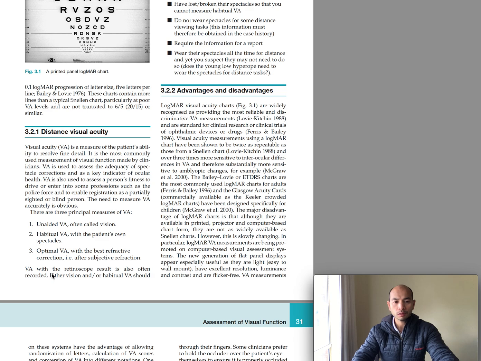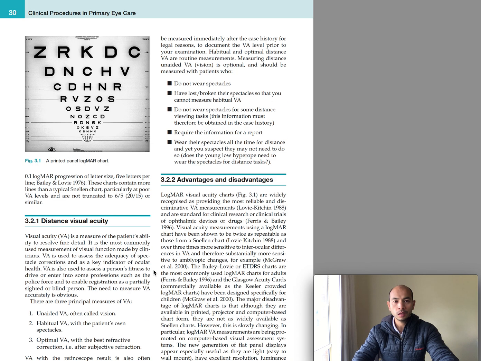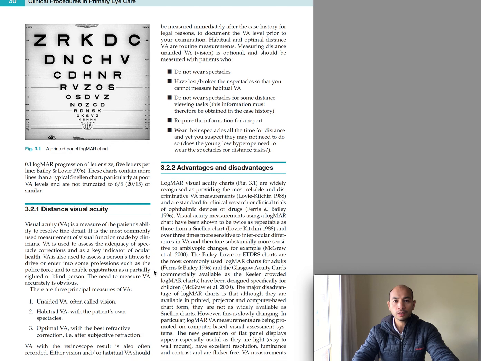VA with the retinoscopy result is also often recorded. Either vision and/or habitual VA should be measured immediately after the case history for legal reasons, to document the VA level prior to your examinations.